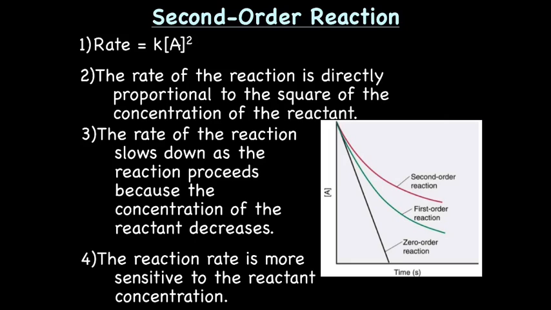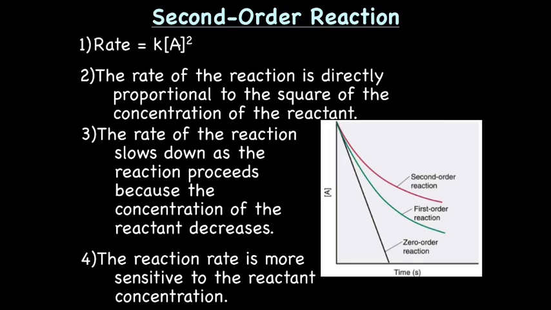In this case, our rate law says that rate equals K, our constant, concentration of our reactant squared. So the rate of the reaction is directly proportional to the square of the concentration of the reactant. The rate of the reaction slows down as the reaction proceeds because the concentration of the reactant decreases.